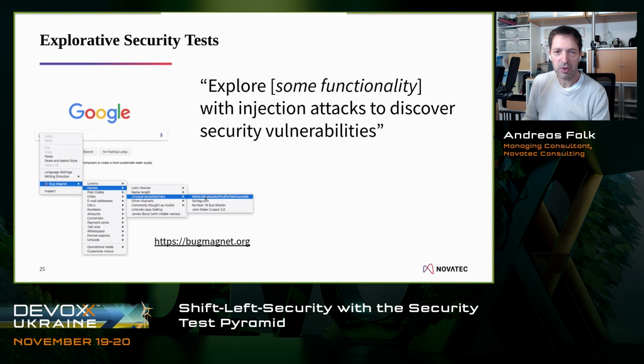So exploratory security tests deal with defining some testing charters, as it is named. So here's an example: explore some functionality with injection attacks so you can discover security vulnerabilities. A very useful web browser plugin for this is called Bug Magnet.